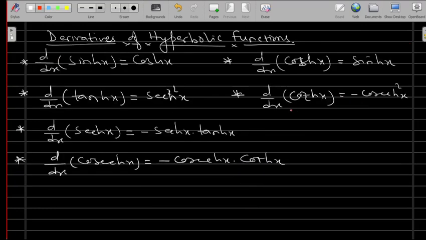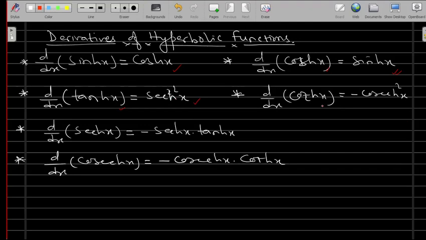Now, the next part is derivative of hyperbolic function. Derivative of sinh x is cosh x. Derivative of cosh x is sinh x. Derivative of tanh x is sech square x.